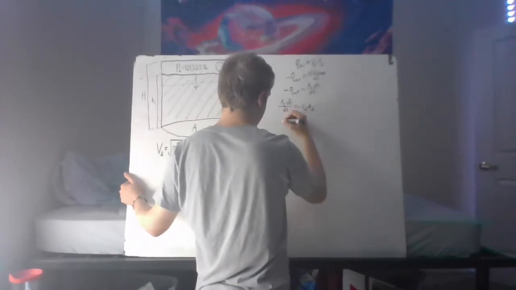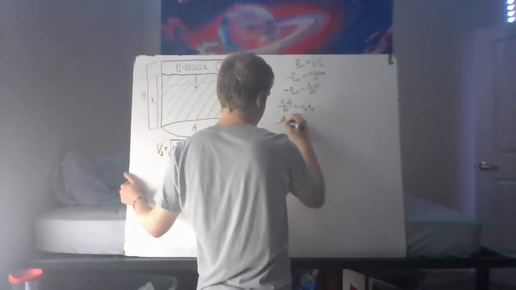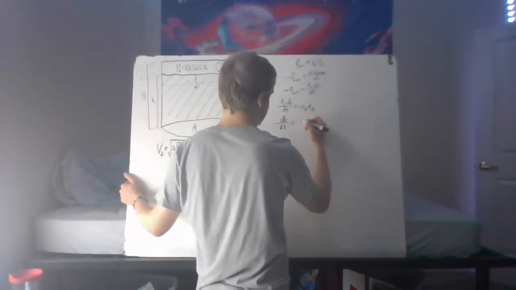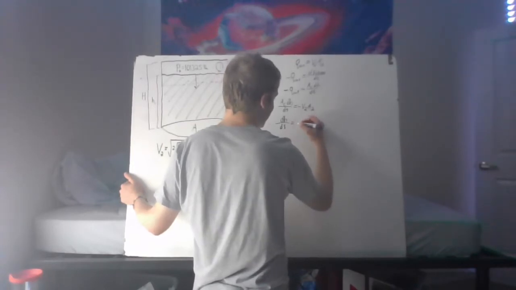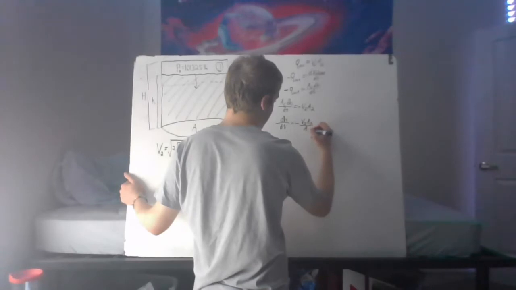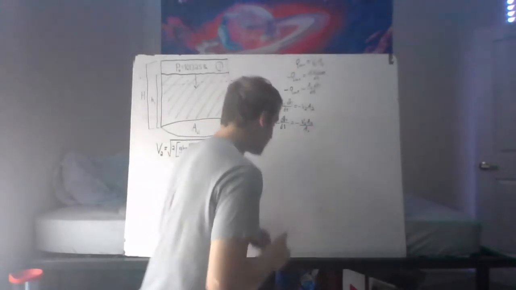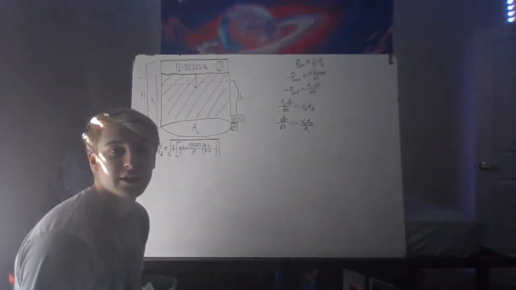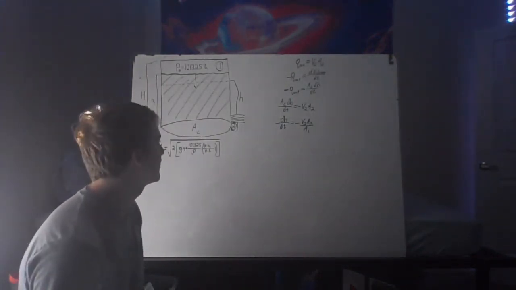So now we can divide by AC, and I'm actually just going to start calling that A1 to make it more simple. So we're going to say negative V2 A2 over A1. And now what we can do is we can plug in our V2 equation.